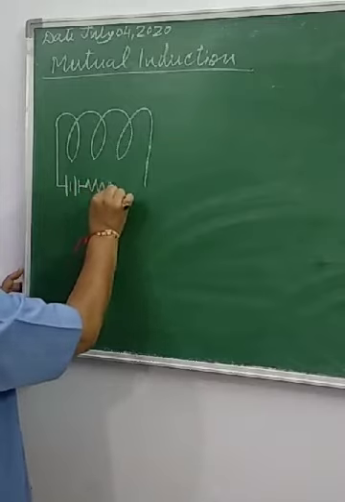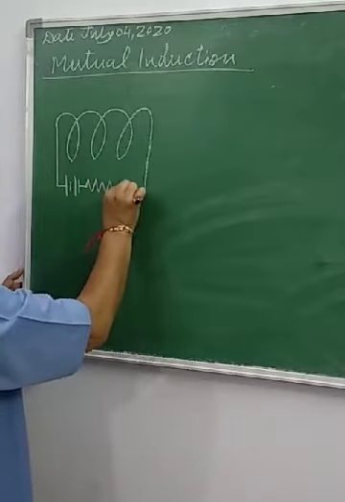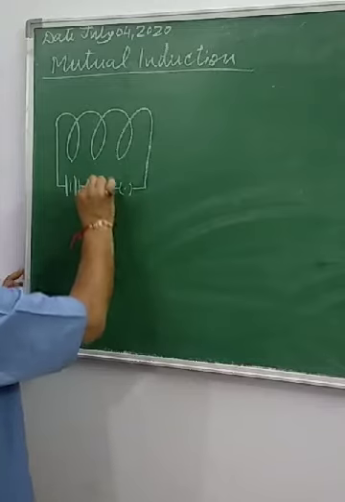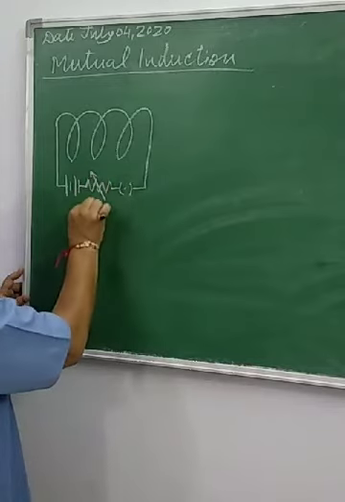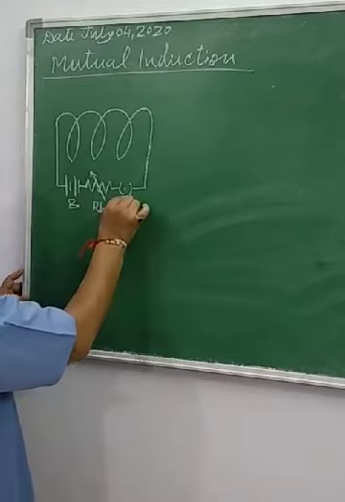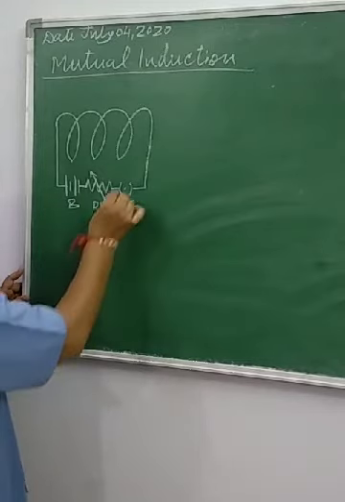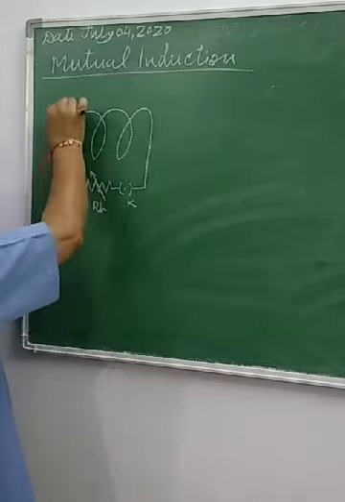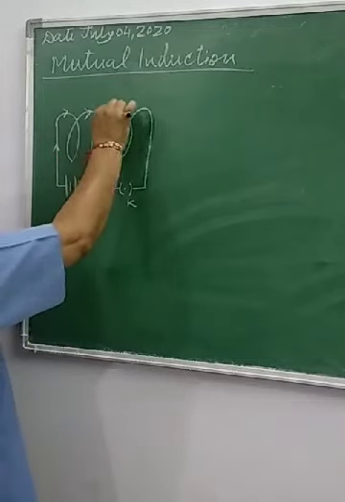So this is a battery and this is a rheostat. This is a battery and this is a key. So the current flows in the circuit.